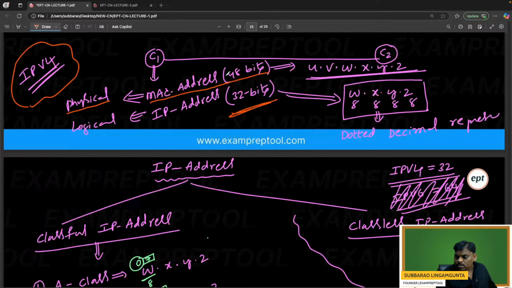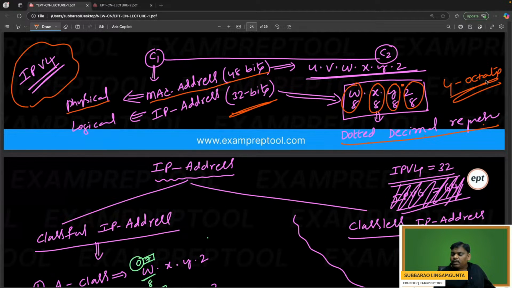These 32 bits are written in dotted decimal notation. Each value is a decimal value, but dots will be there in between. Each 8 bits is called an octet, so there are 4 octets.